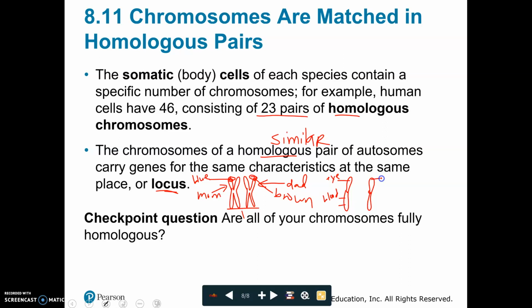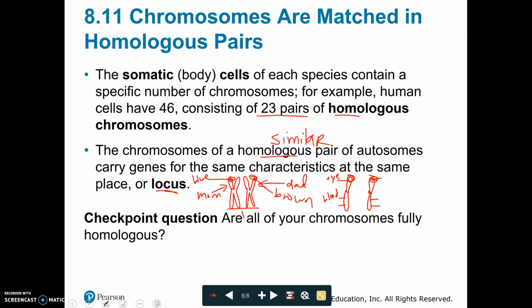Both of your copies of chromosome number 1 would have those 3 genes. Now, they might code for different eye colors or different blood types, but if eye color's on chromosome 1, then every single person in this room will have 2 copies of that gene, and it'll always be on chromosome number 1.